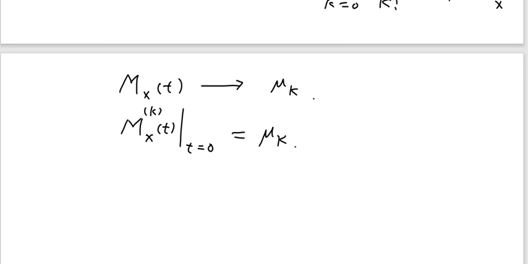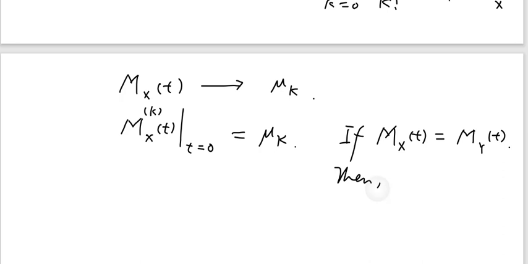We say if the moment generating function for X and the moment generating function for Y are the same, we say X and Y follow the same distribution.